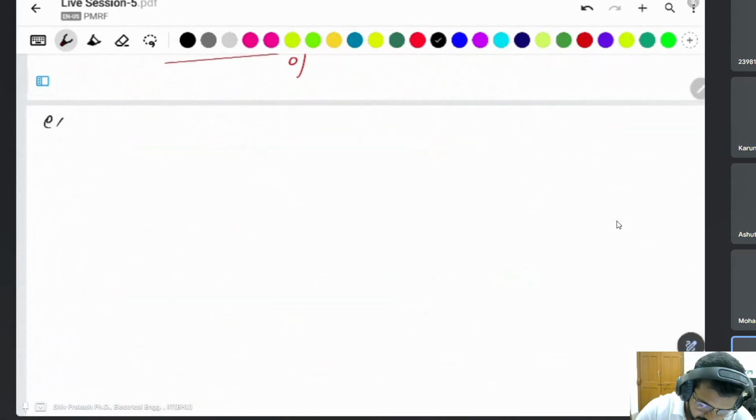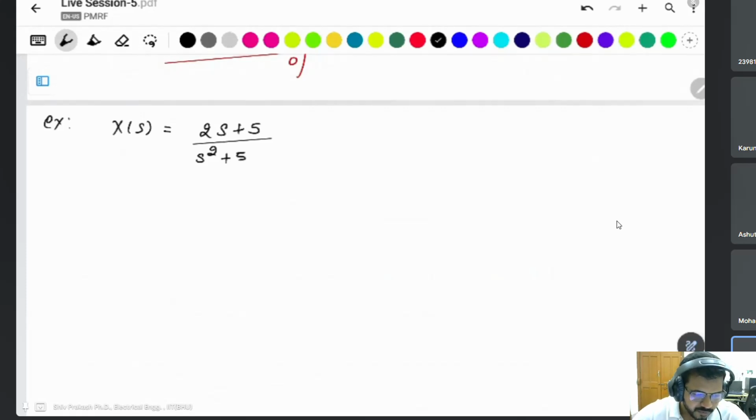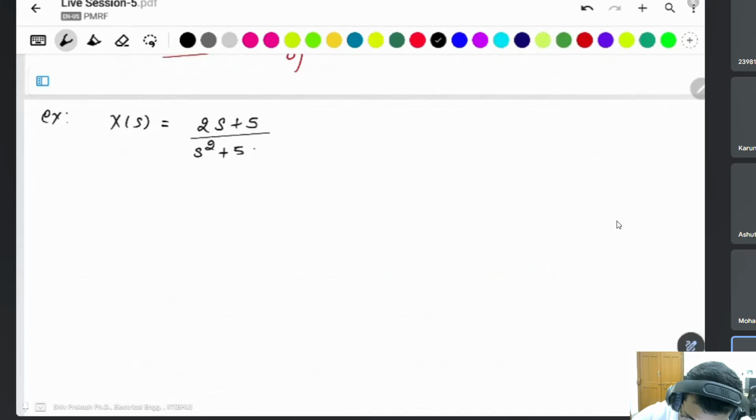Next question. X(s) equals 2s plus 5 divided by s square plus 5s plus 6.